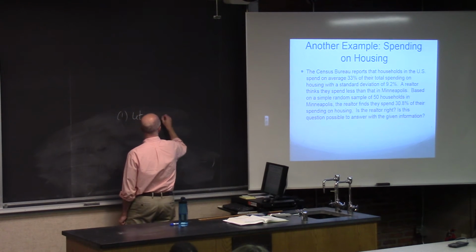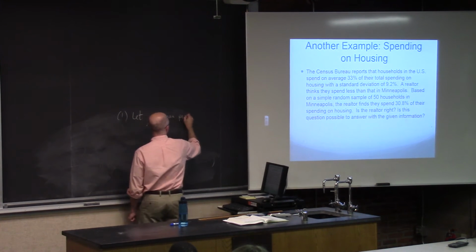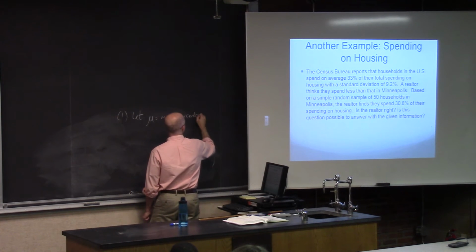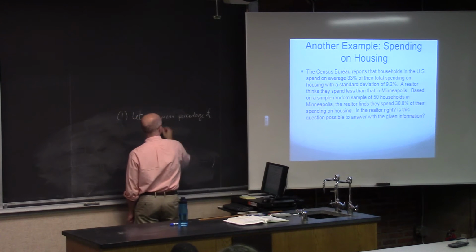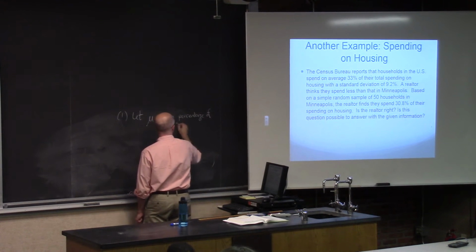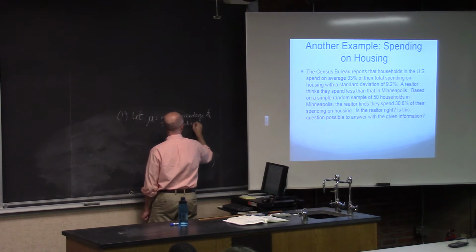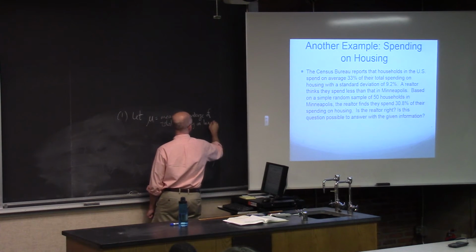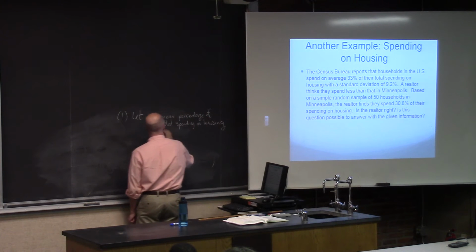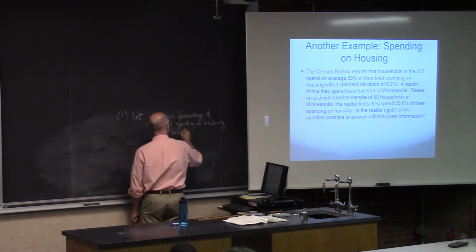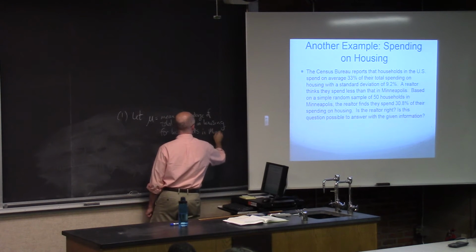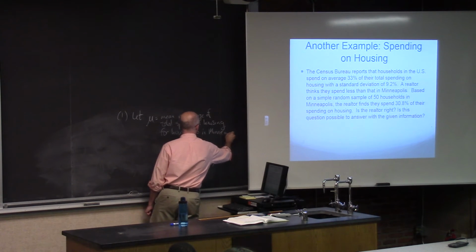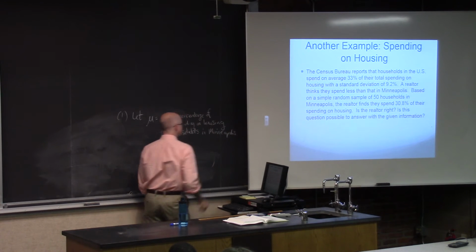Let mu equal the mean percentage of income, or total spending, I guess I should say, on housing for households in Minneapolis. Yes, it's kind of a pain to have to write all that out, but it's so worth it.